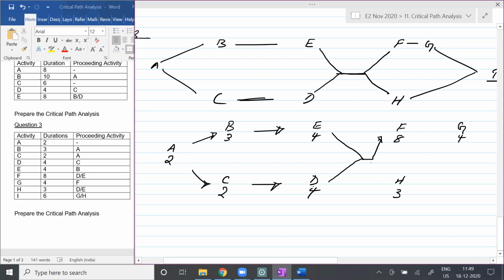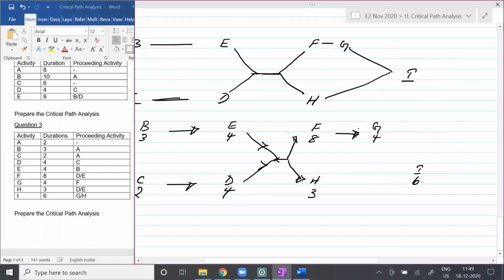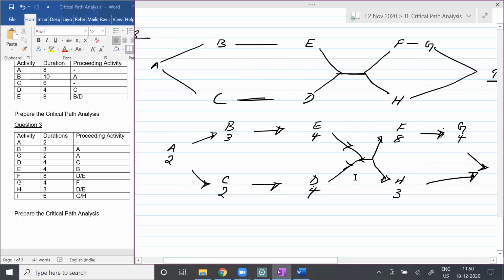These 2 are joining and then creating these 2. And then it will go with F and H, just for your planning. And then it's going to be like this. Any questions here?